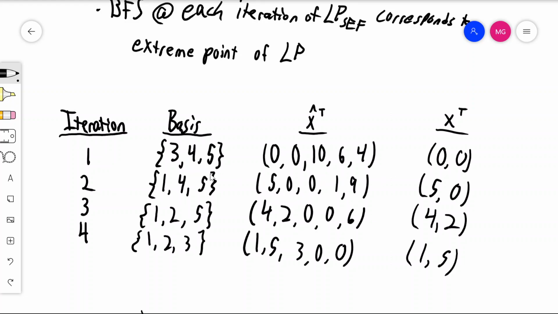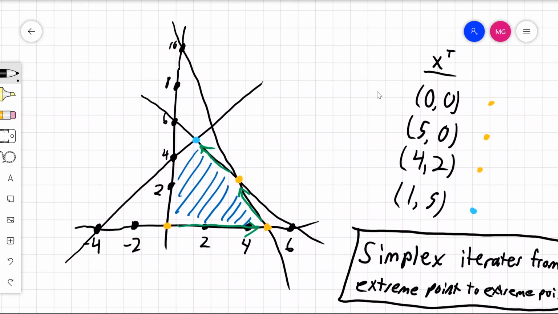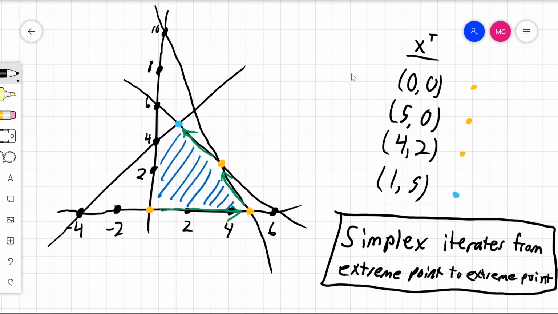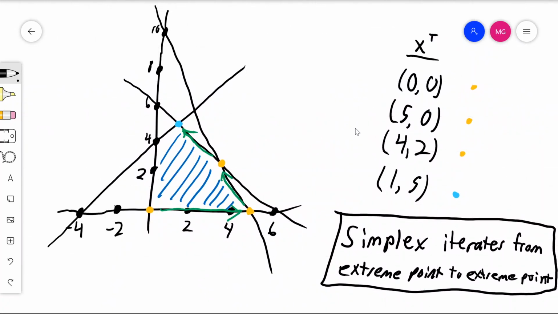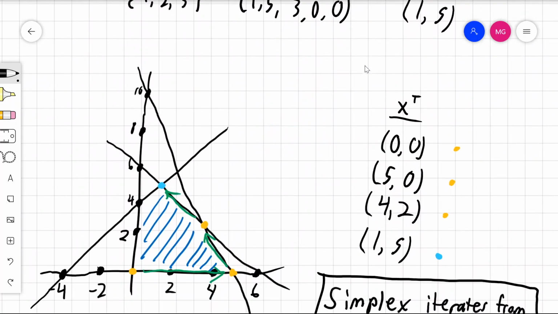But okay, and then you iterate through the bases, and that's going to iterate through these various basic feasible solutions, and correspondingly, that's iterating through these extreme points of the original linear program. So what does that look like? It looks like this. We start at 0, 0, and then we go to 5, 0, 4, 2, and 1, 5. So that was right here: 0, 0, 5, 0, 4, 2, 1, 5.